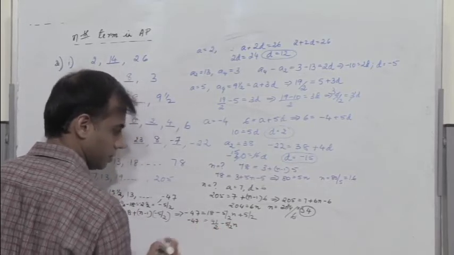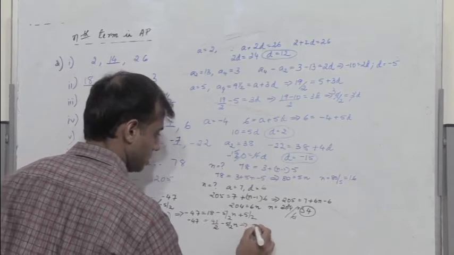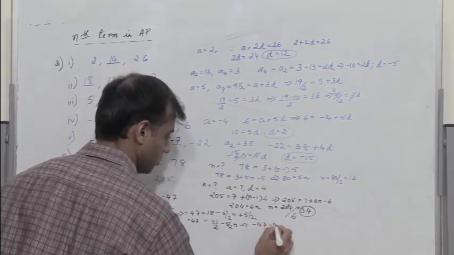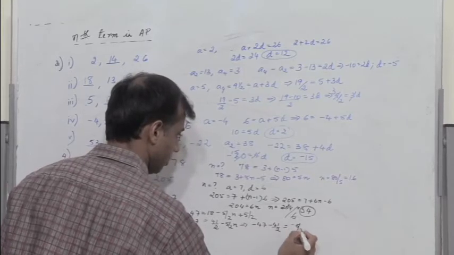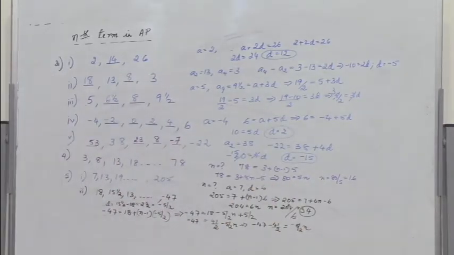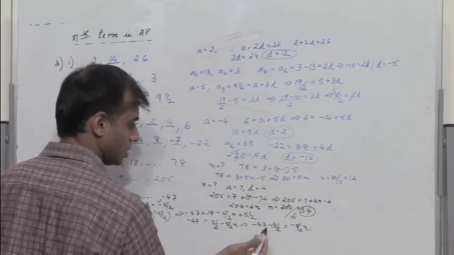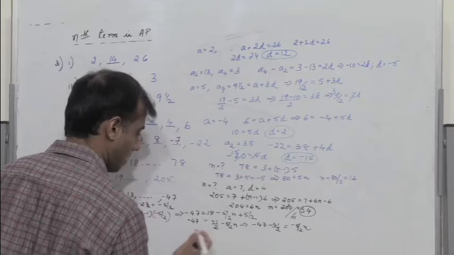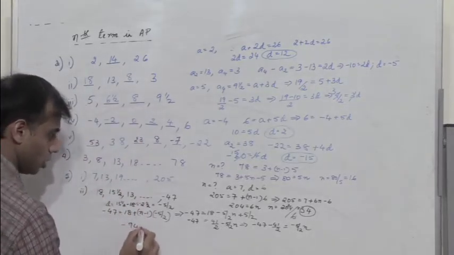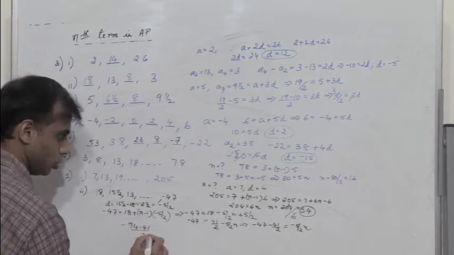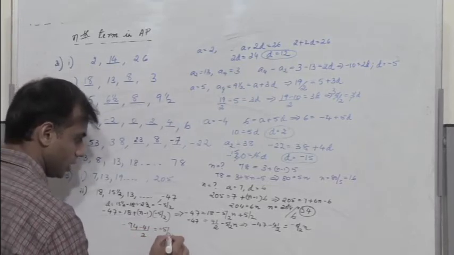So this implies minus 47 minus 41 by 2 equals minus 5 by 2n. So we have the expression minus 94 minus 41 by 2 equals minus 5 by 2n.